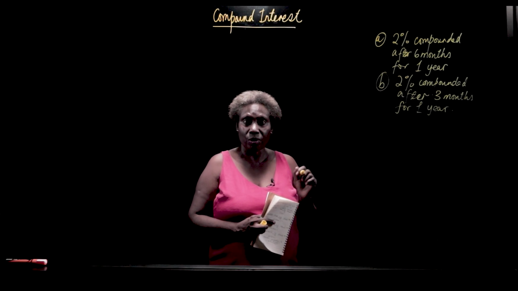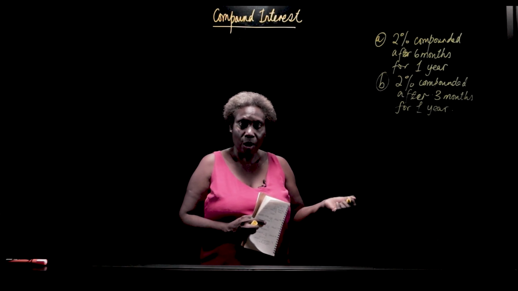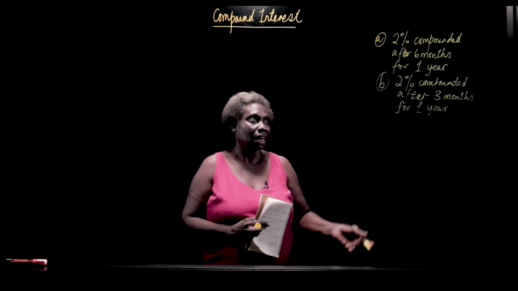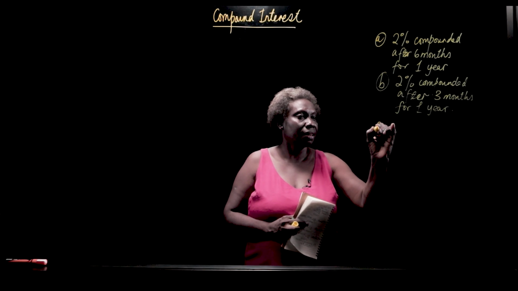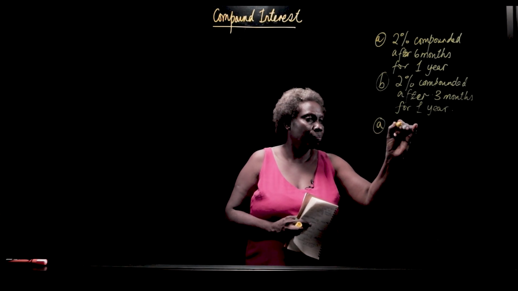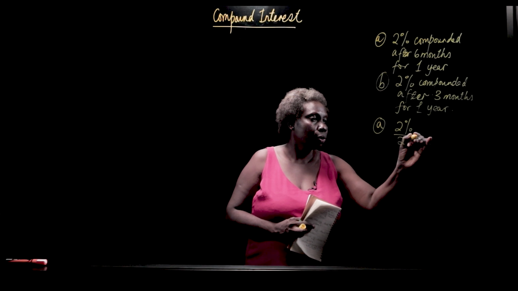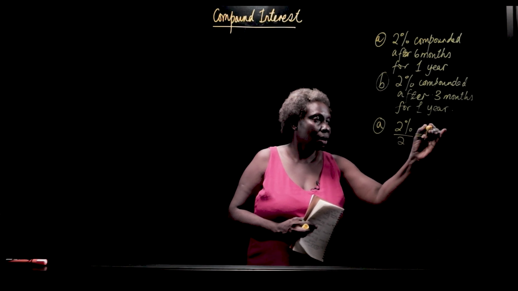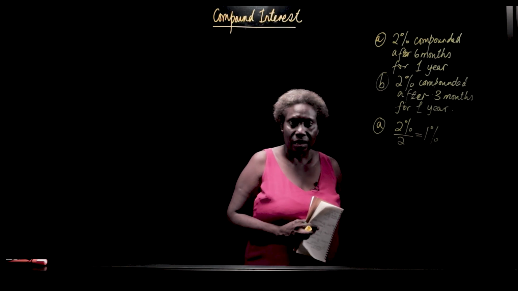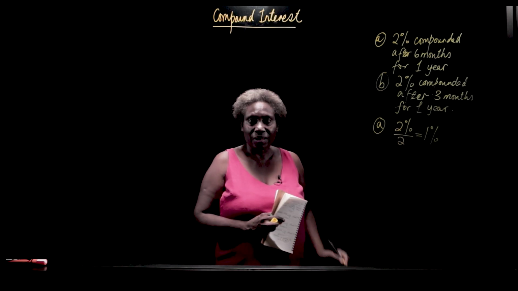So the interest will be compounded 2 times in a year. So for option A, we have 2% divided by 2. That gives us 1%.